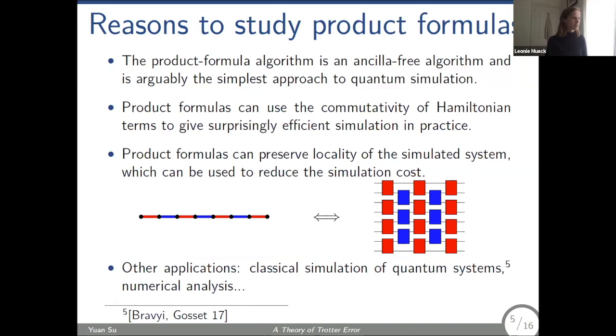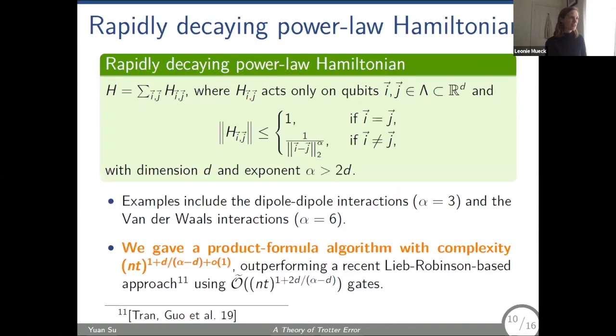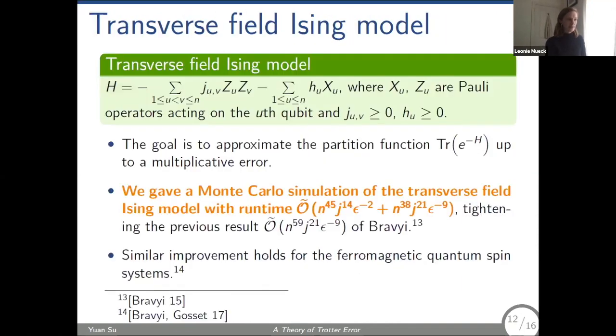Okay. Peter Morgan asks, incredible work, first comment. Thanks. And then, for the quantum Monte Carlo examples, I observed some huge exponents like n to the 19, etc. Is there any physical intuition behind this? I see. I'm not really an expert in quantum Monte Carlo simulation, but the previous algorithm by Bravyi and Gosset uses product formulas as a subroutine, but that's actually not the final complexity.